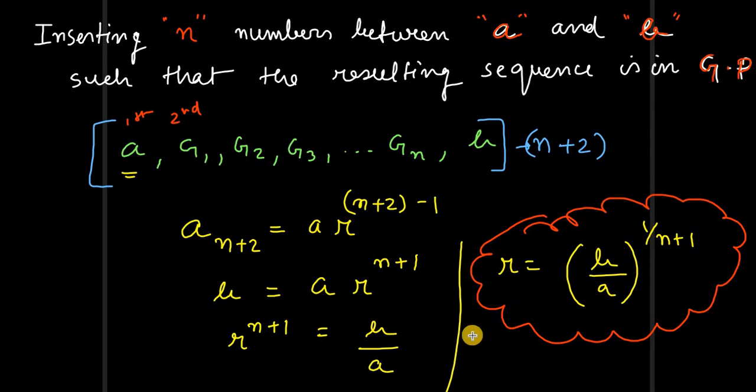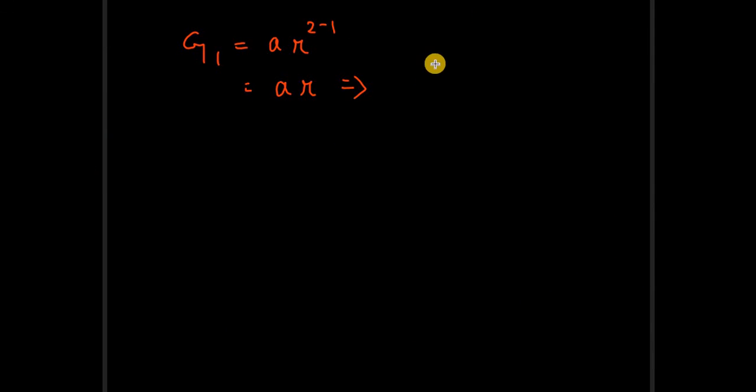So by using the nth term formula, we can say that g1 equals a r to the power 2 minus 1, and that equals a r, and further we can write r as b by a to the power 1 by n plus 1. So b by a to the power 1 by n plus 1 multiplied by a. So this is our g1.